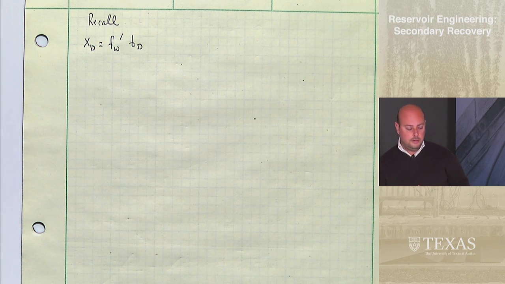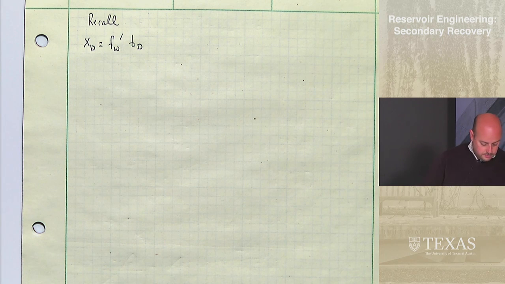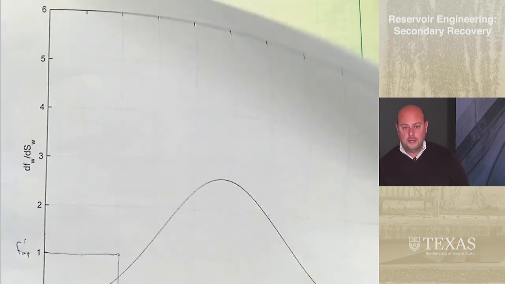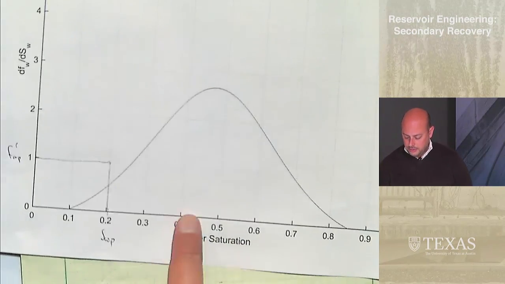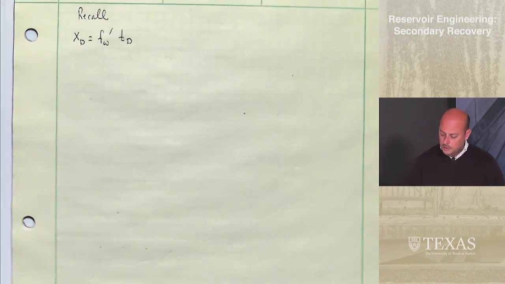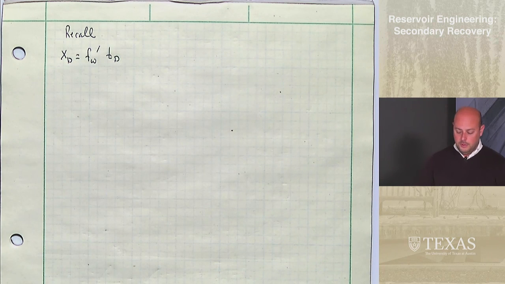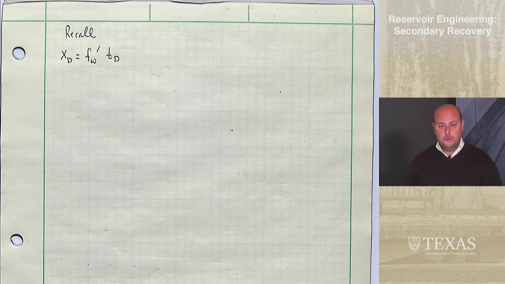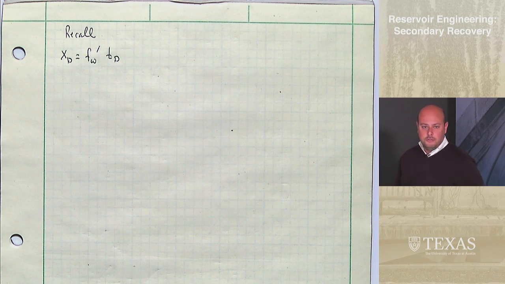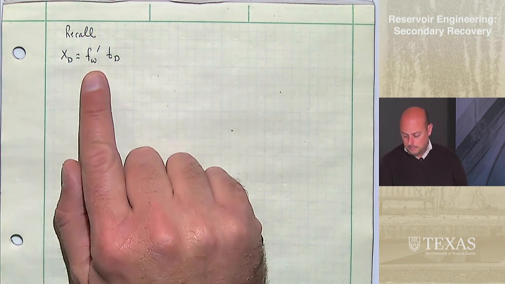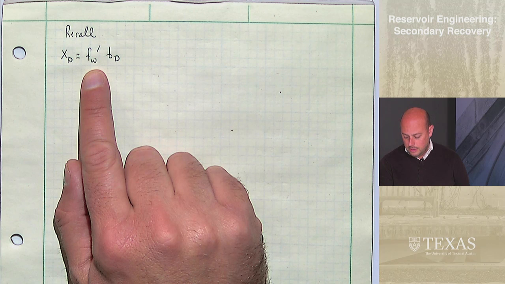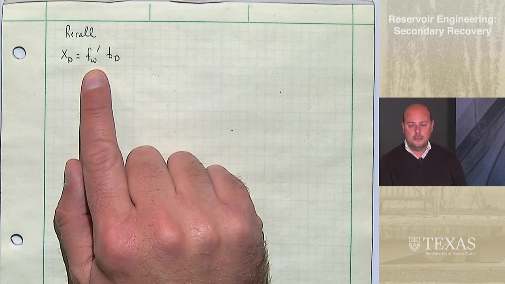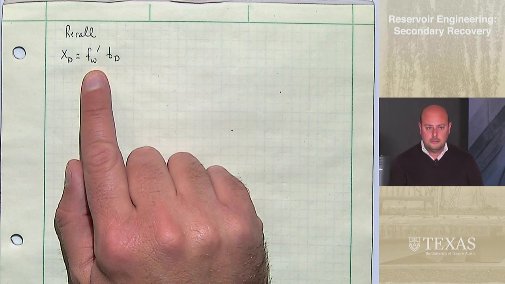We have plots of that, right? I'll show it again. We got a plot of FW prime. So at a given saturation, you can calculate FW prime. Then you multiply that FW prime by TD, and you get XD. So it's sort of like an inverse function, right? SW is on the y-axis and XD is on the x-axis.